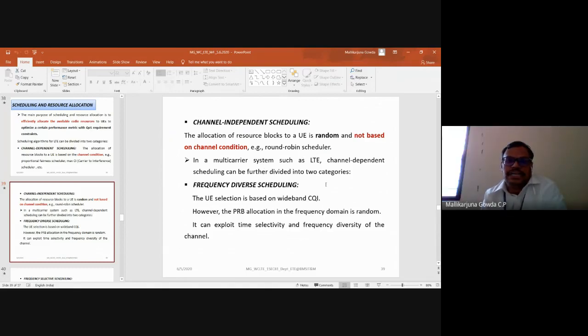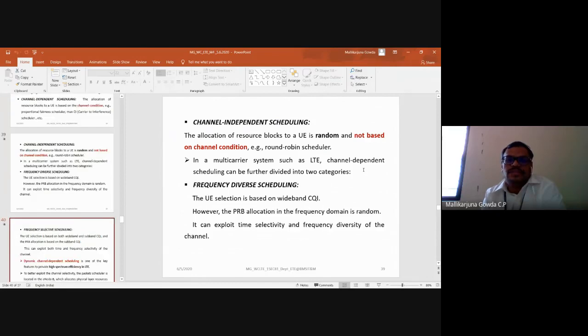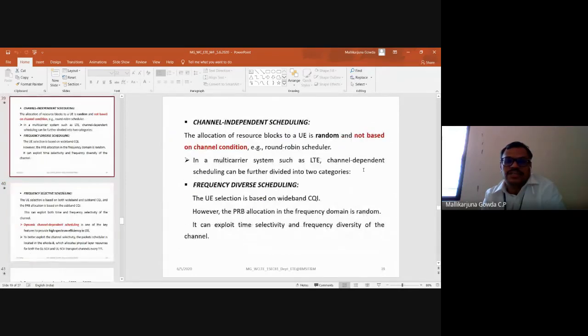Then in LTE, I said in case of channel dependent scheduling, two types of scheduling are used: frequency diverse scheduling and frequency selective scheduling. In frequency diverse scheduling, the user equipment selection is based on the wideband CQI, and the PRB allocation in the frequency domain is random. So it can exploit both time and frequency diversity of the channel.